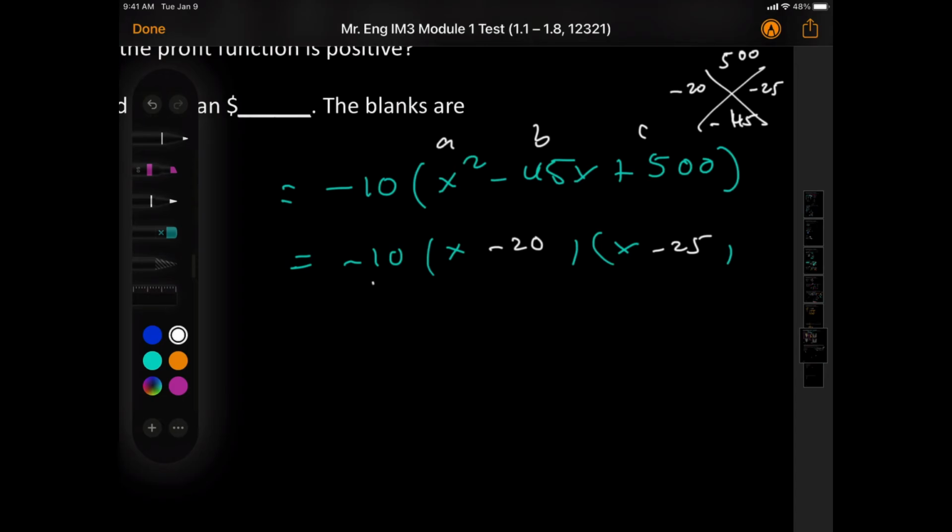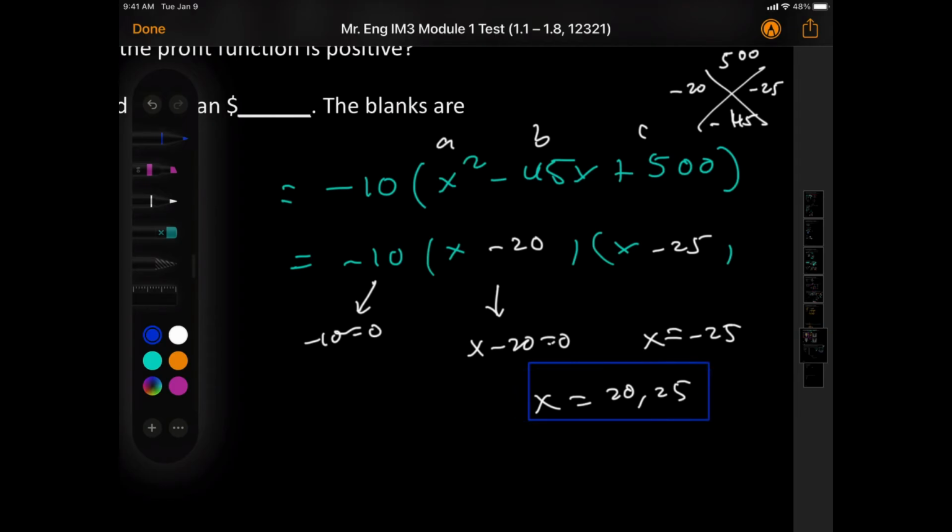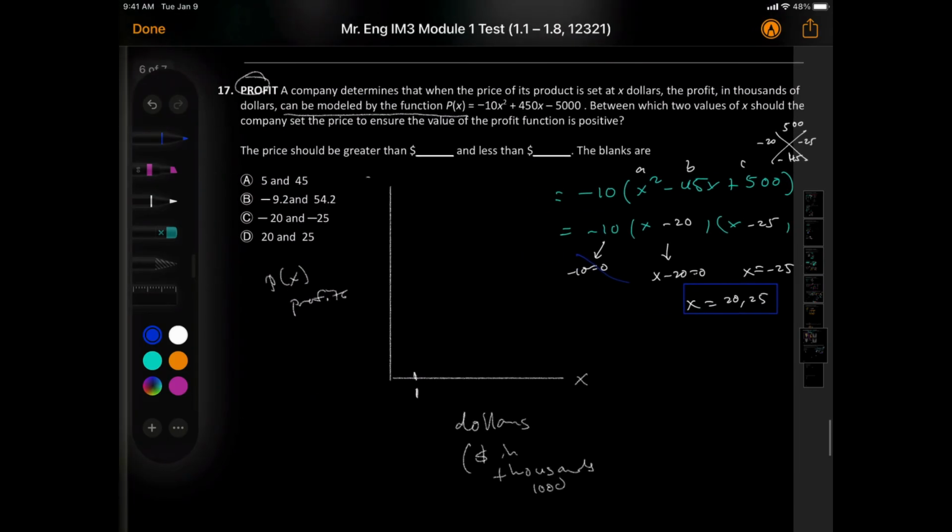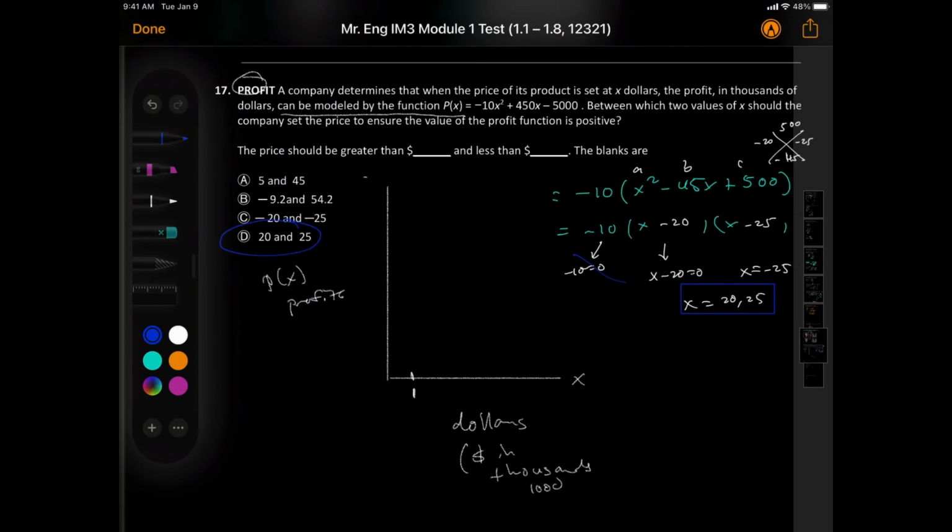And then if you set each of these equal to 0, that one means nothing. So x equals 20 and 25. We don't worry about that one. So my answer is going to be D.